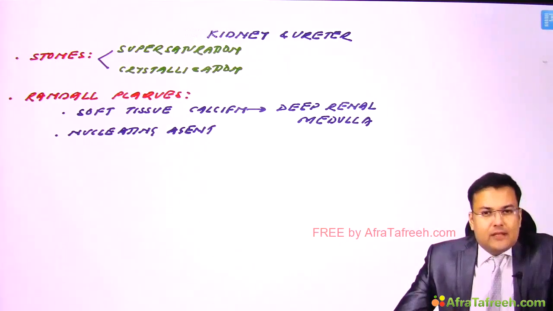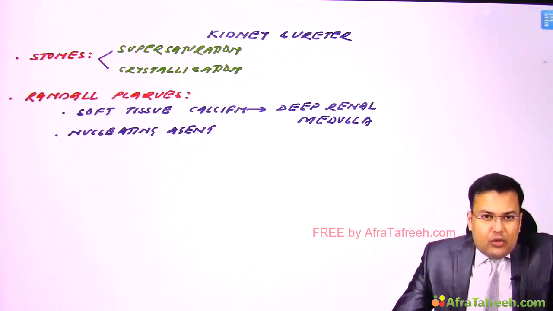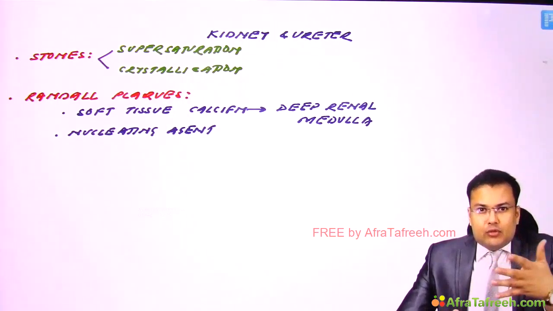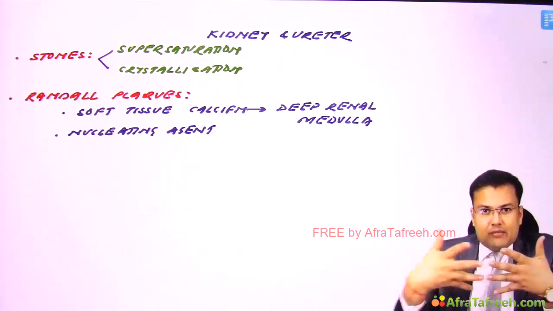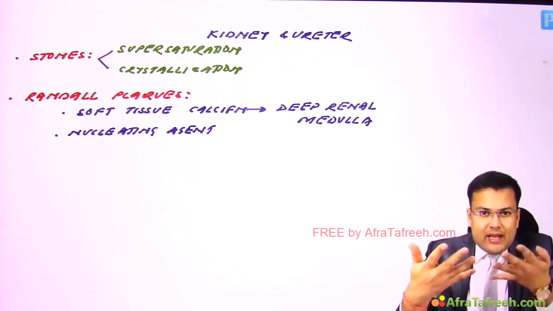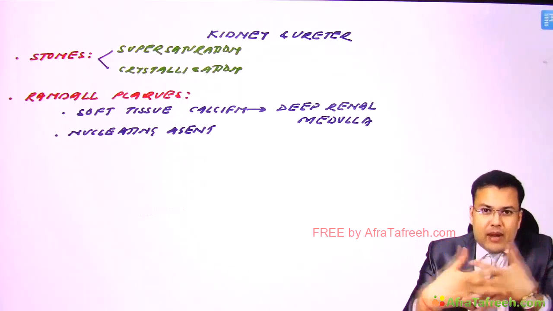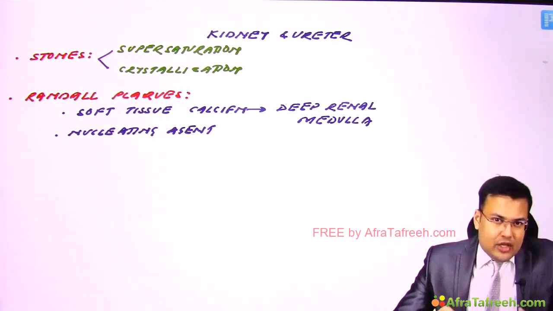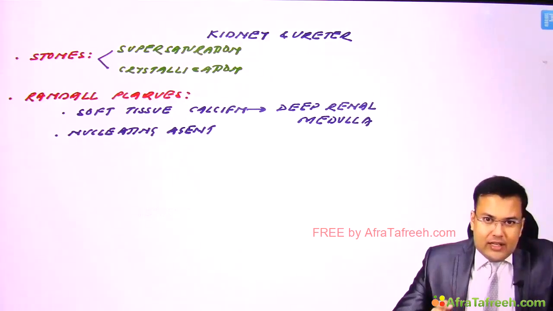Second, risk factors are asked. So no need to remember risk factors. It's very easy to understand. Suppose the name of the stone is calcium oxalate, it means what is the composition? It's calcium and oxalate combined together. It means there should be increased concentration of calcium as well as oxalate in the urine.